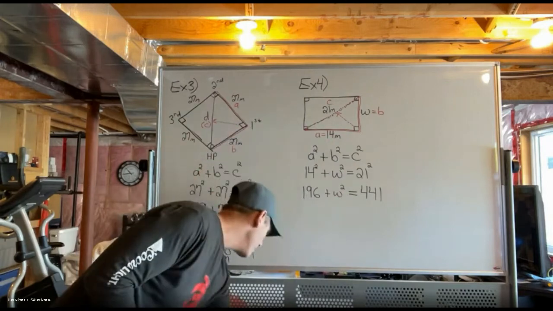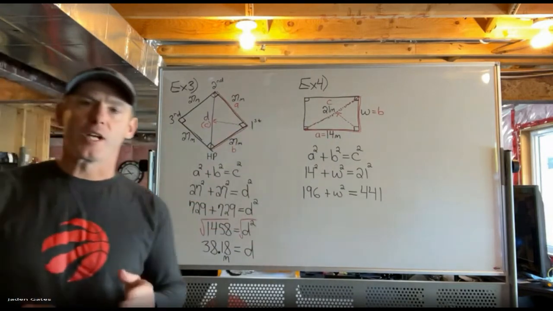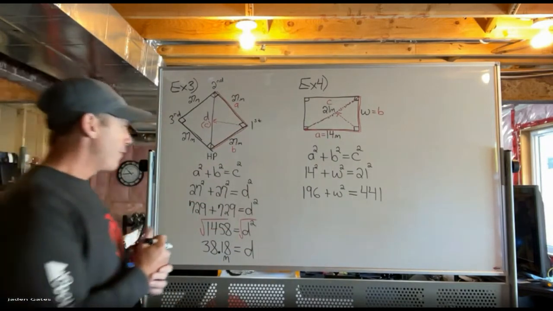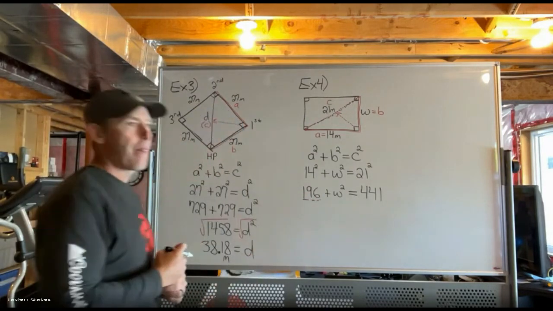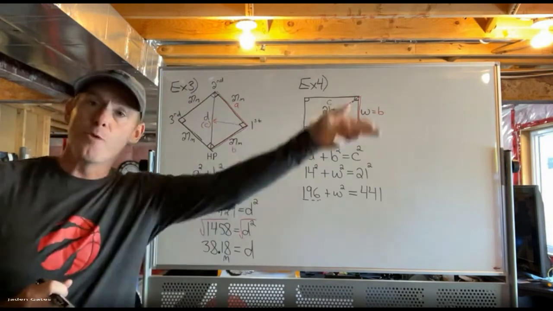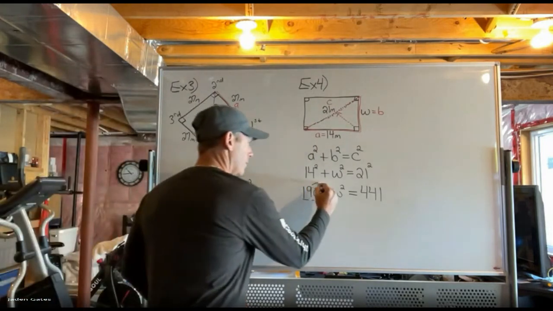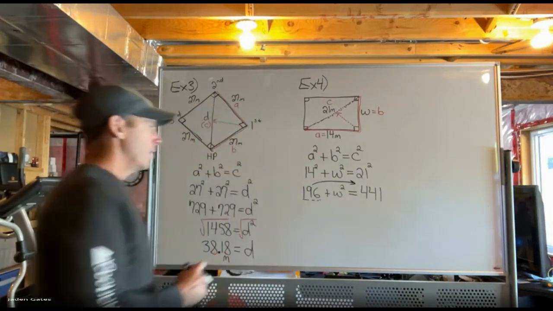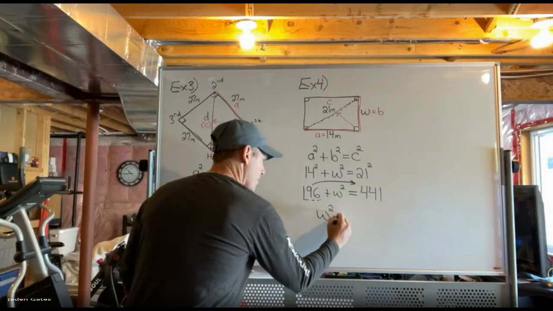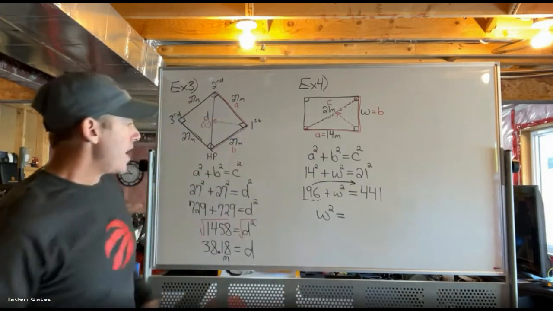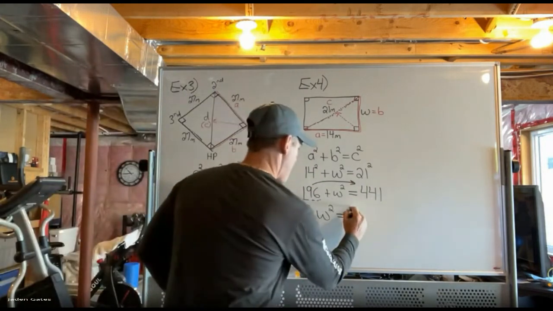Now, again, the goal here is to get W by itself. The first thing I'm going to do is this 196 here. It's not attached, so I can just move it over. All that's left now on this side of the equation is a W squared. I have this 441.